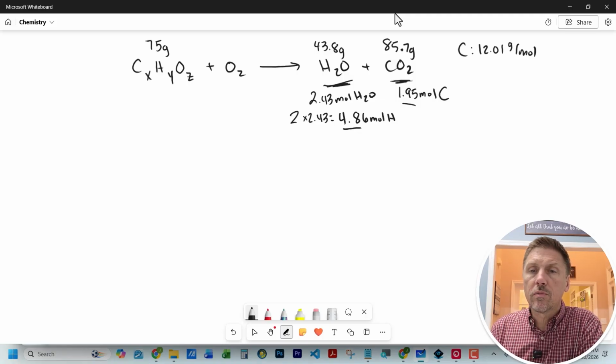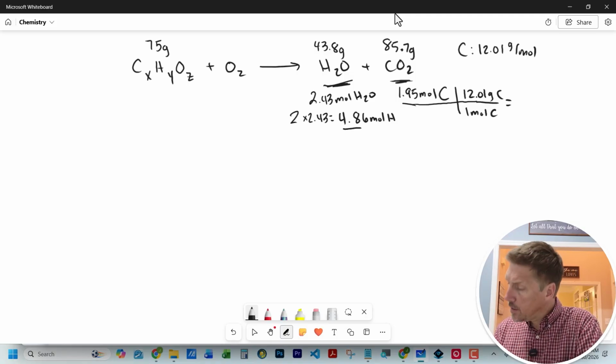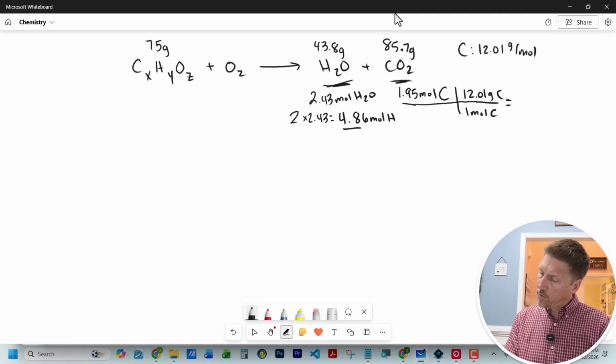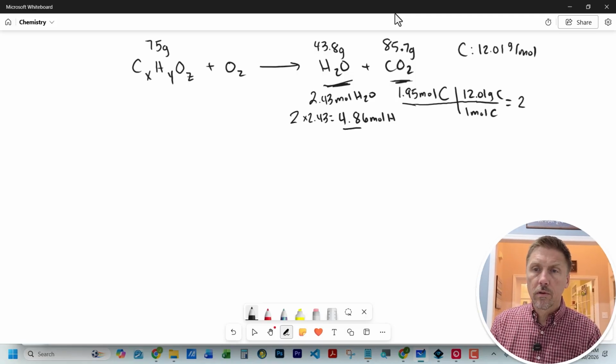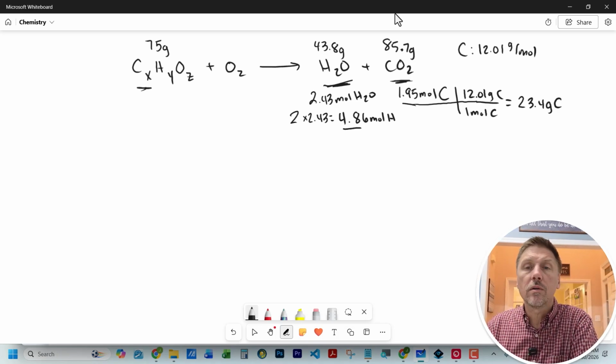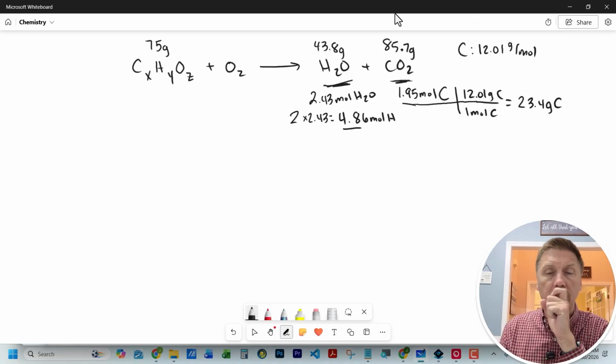Doing that conversion with the 1.95 moles of carbon, at 12.01 grams per mole, gives us 23.4 grams of carbon. That's how many grams of carbon are in this substance, because that's how many grams of carbon we have on the right side. Those values have to match up.